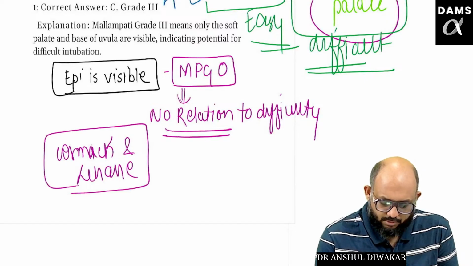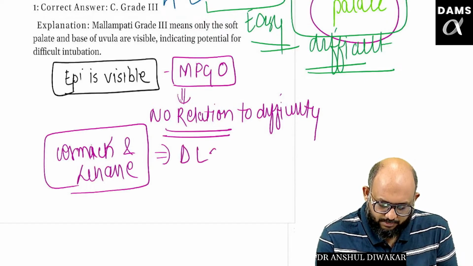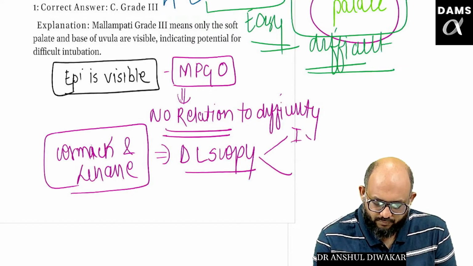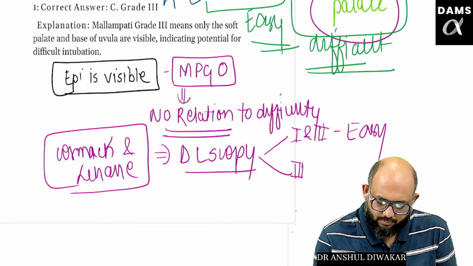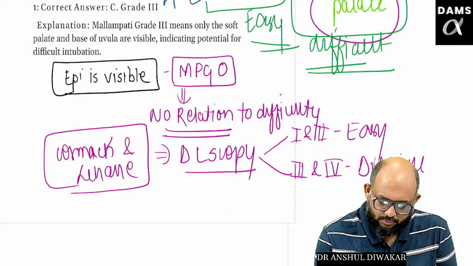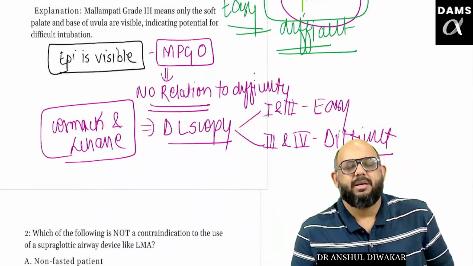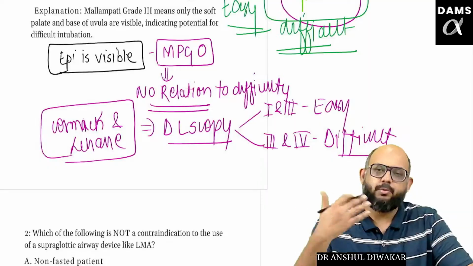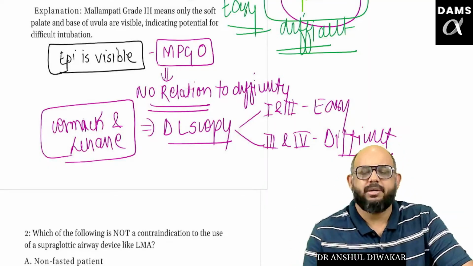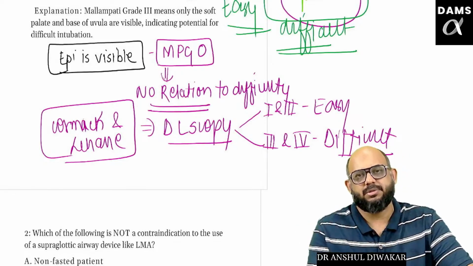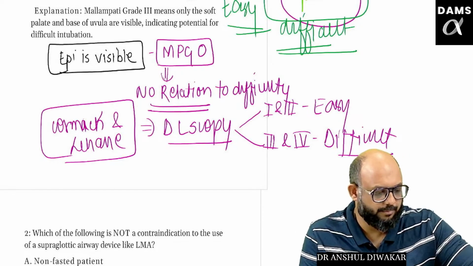And that is when you are doing direct laryngoscopy. And here also the interpretation is the same. 1 and 2 are easy, 3 and 4 are difficult. So one is an airway assessment tool, another is when you are doing laryngoscopy to prognosticate the airway, whether your assessment was correct or wrong. Okay.